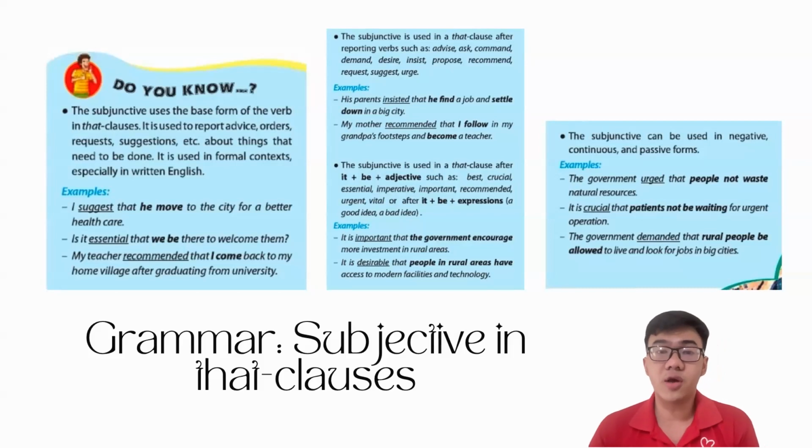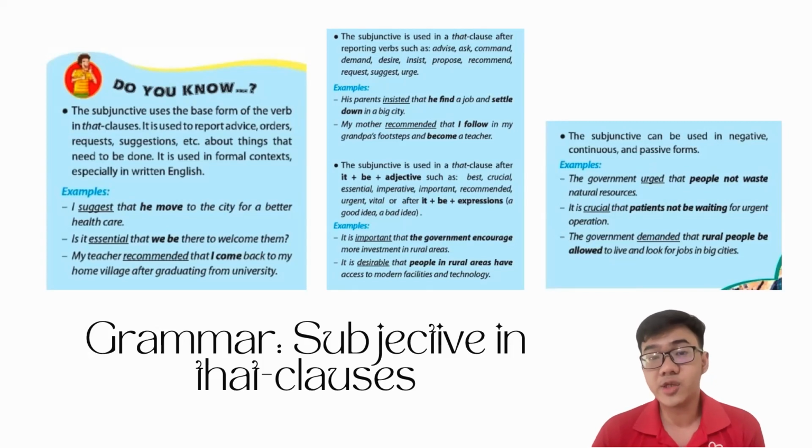Also, the subjunctive is used in a that-clause after reporting verbs such as advise, ask, command, demand, desire, incite, propose, recommend, request, suggest, and urge. Example. His parents insisted that he find a job and settle down in a big city.